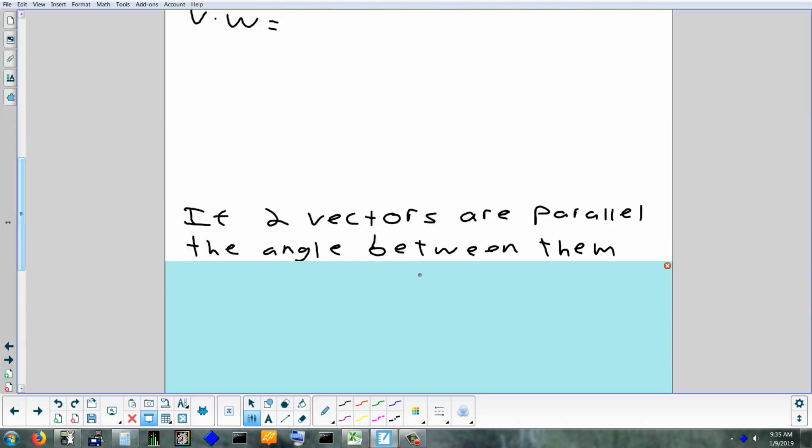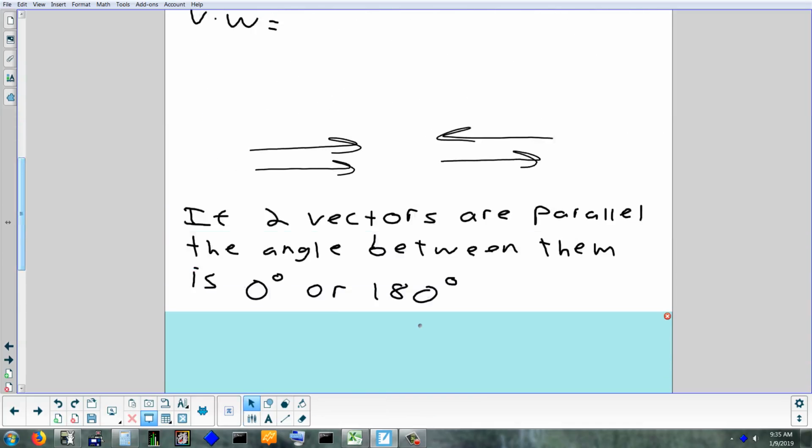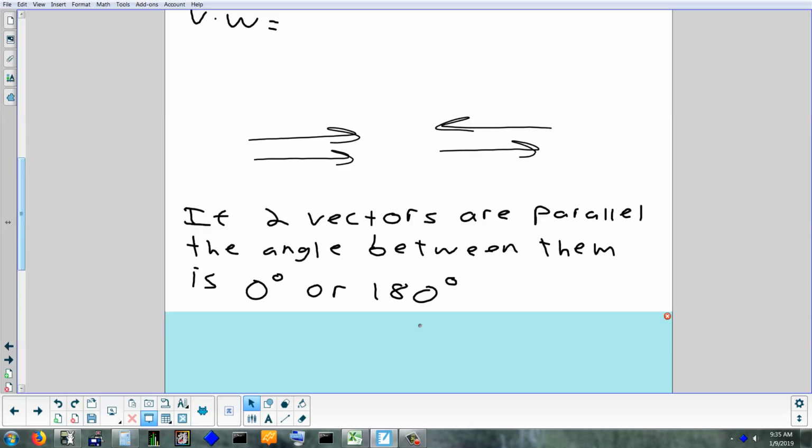All right. So parallel, there really isn't a shortcut for parallel. You pretty much have to do the whole problem out. But there's 2 situations where vectors could be parallel. Those vectors are parallel. And those vectors are parallel. They're both parallel. So the difference is one of them has an angle of 0 degrees because they both point the same way, and one of them has an angle of 180.